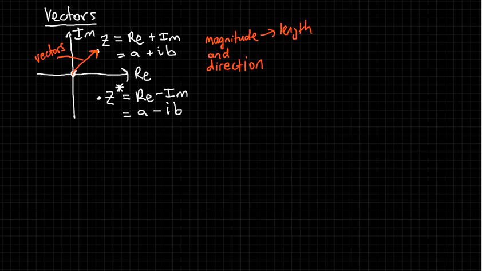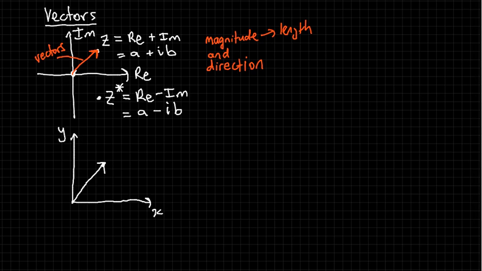So let's have a think about how we can represent a vector. So let's draw a graph, and let's say that this point here we want to represent as a vector, and so we'll draw a line out to that point, and this here is our vector.